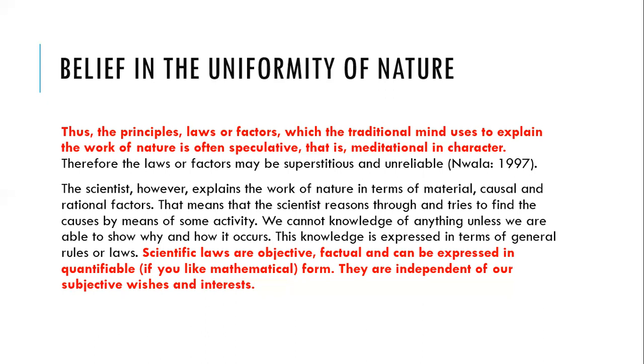But scientists want to explain in terms of material, causal, and rational factors. Scientific laws are objective, they are factual, and can be expressed in quantifiable form. They are independent of our subjective wishes and interests. So if you cannot prove it scientifically, either through your senses or through instruments, then forget it. That is science.